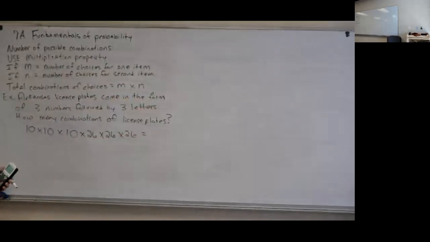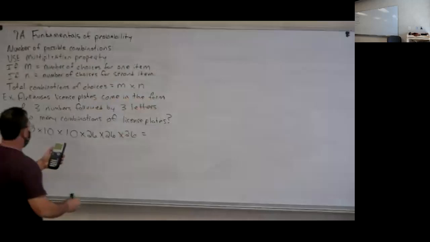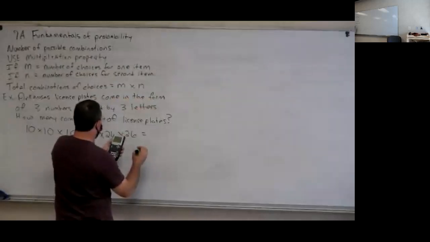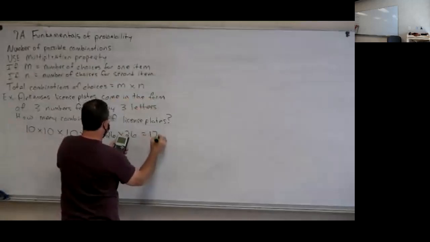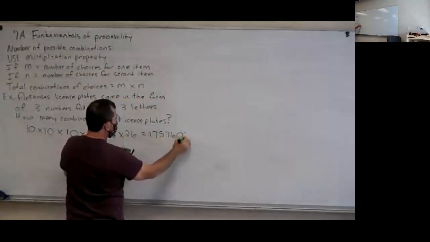So 10 times 10 times 10 times 26 times 26 times 26. I'm getting 17,576,000.